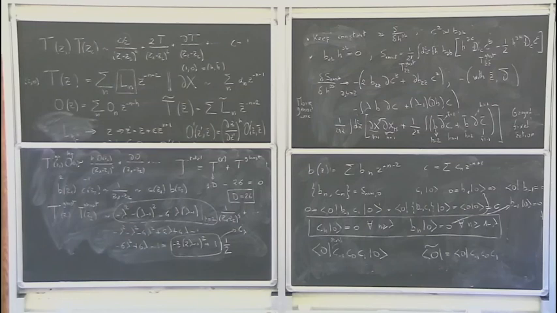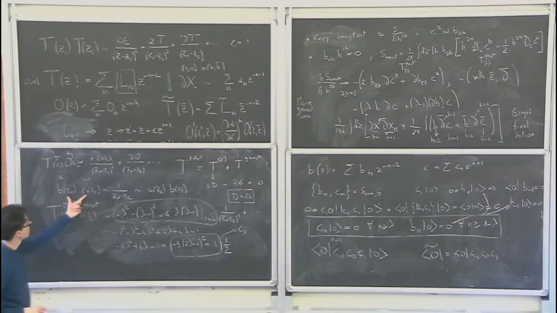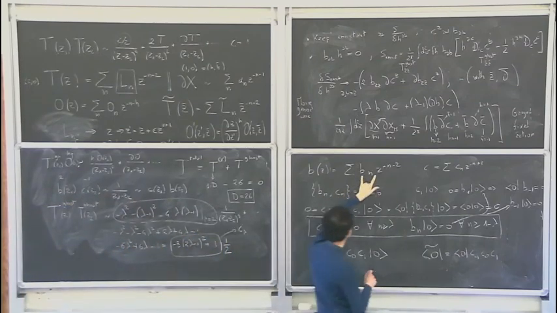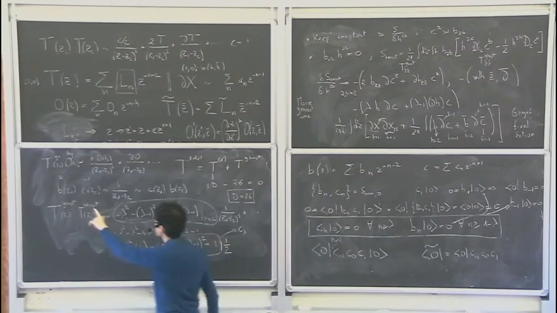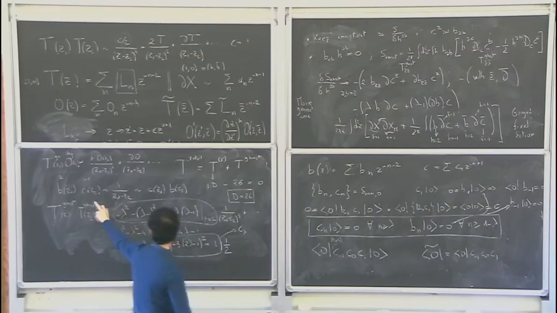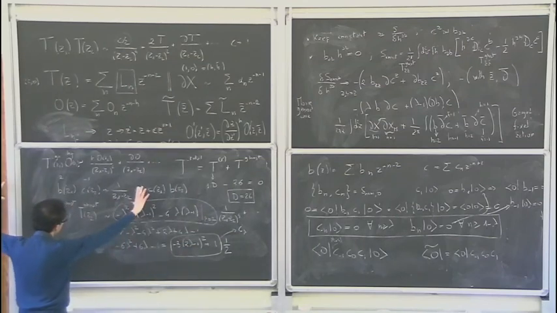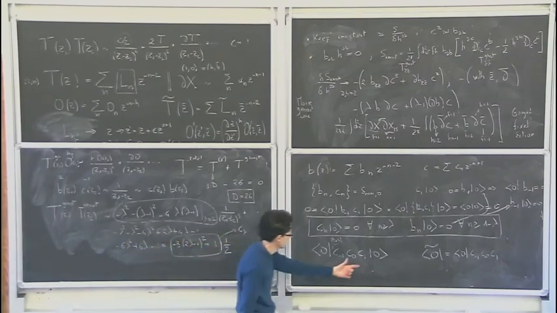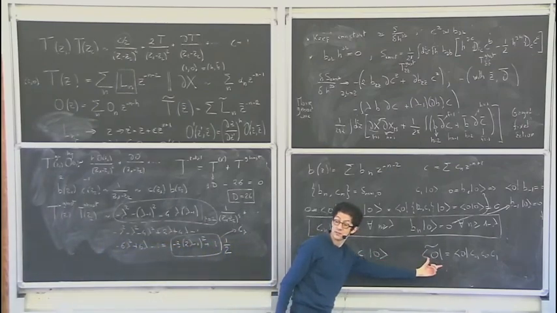So this is just something that, if you want to make the connection explicit between the operator language and this OPE description, and calculate it by taking this mode expansion and plugging it here, you then close this in the vacuum. You have to close this in the 0, 0 tilde.